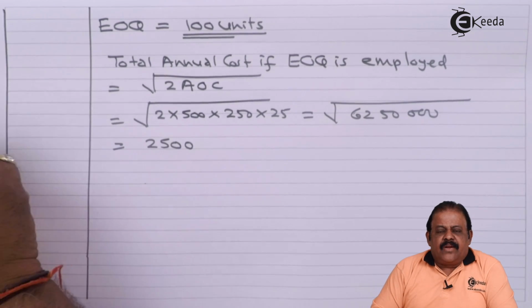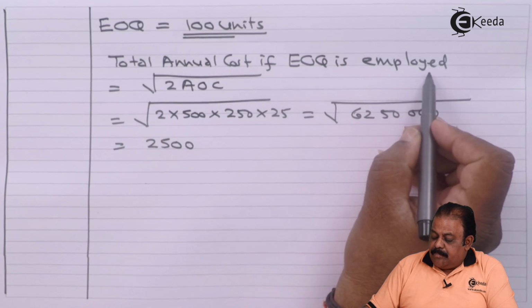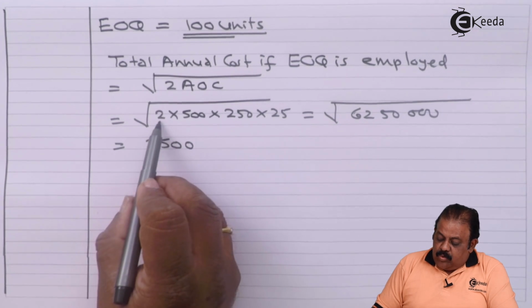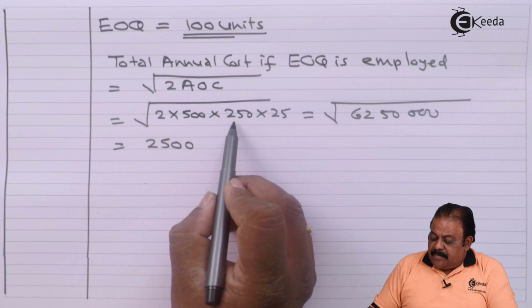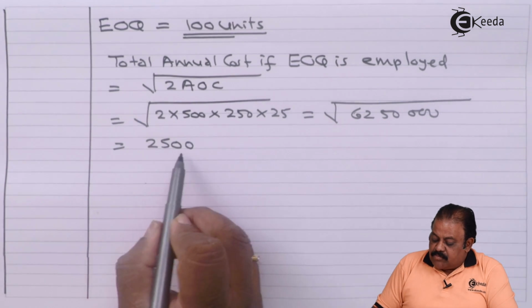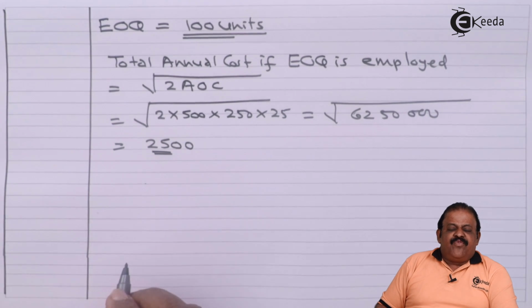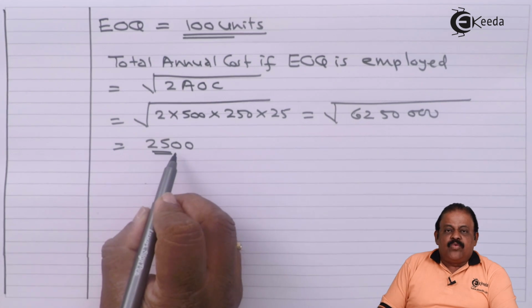We can directly calculate total annual cost if economic order quantity is employed, that is square root of 2AOC. So 2 multiplied by annual demand 500 units, O is 250, C is 25, it comes to 2500 rupees. Now if we employ economic order quantity policy, cost will be 2500.